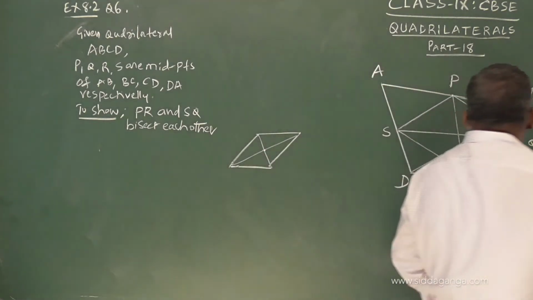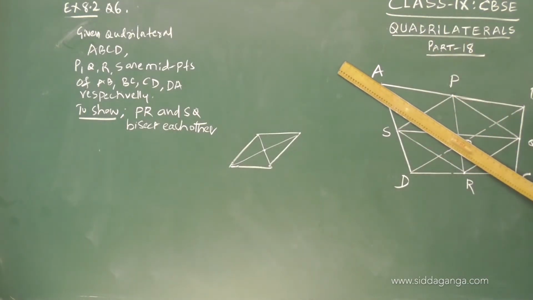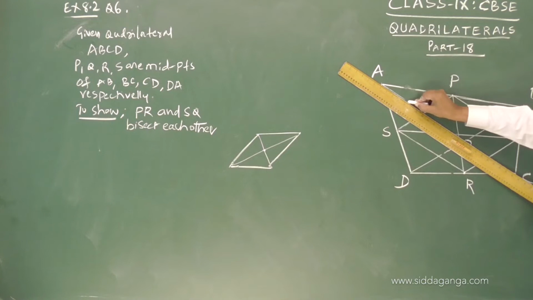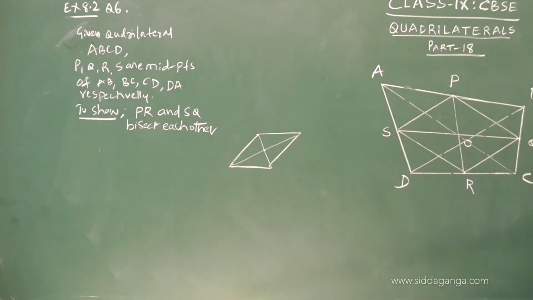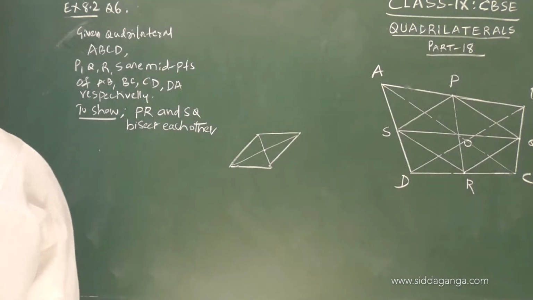So I will join AC. Don't be under the impression that it will pass through the center. It may not pass through the center also. So, these dotted lines are diagonals of the quadrilateral.